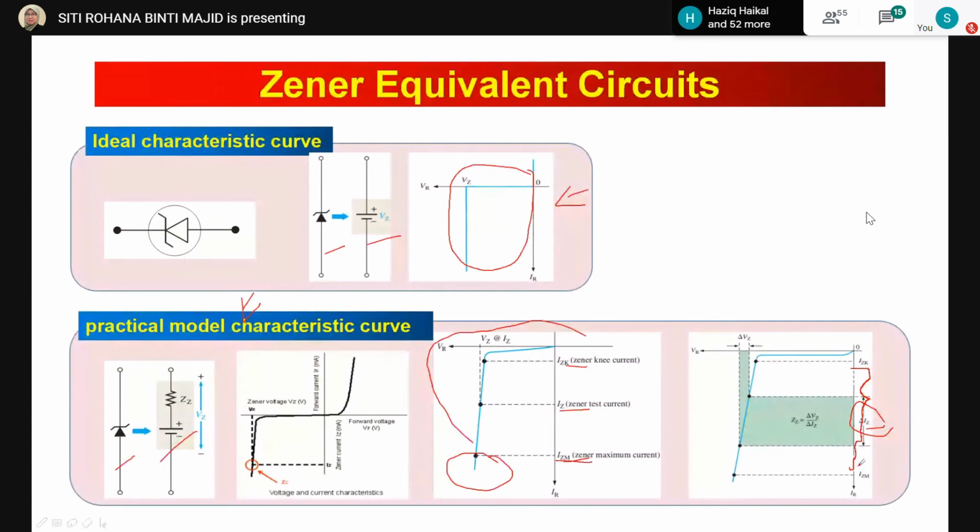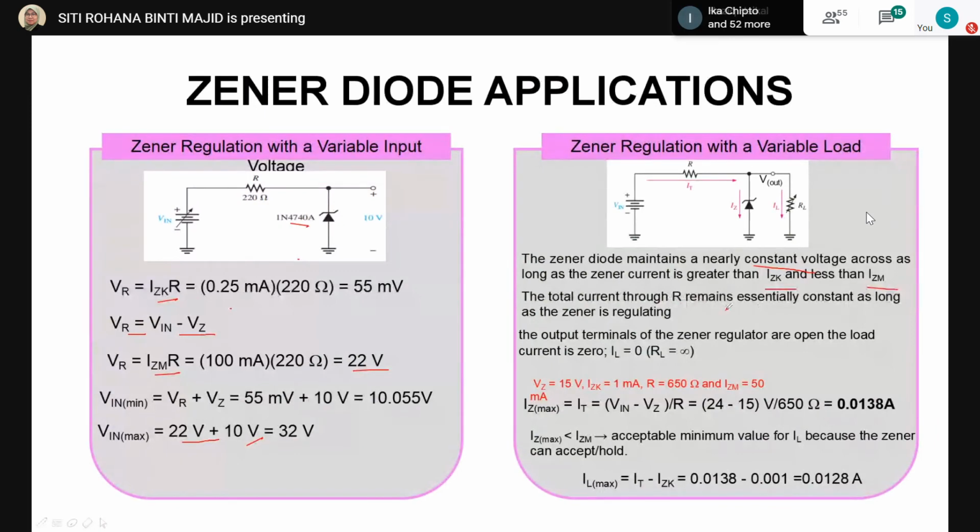And then the total current through the resistance will be constant as long as the zener keeps regulating the voltage. We can calculate the VZ, the zener voltage, which is, we can calculate the IZ maximum. This is the parameter given for this kind of zener diode.